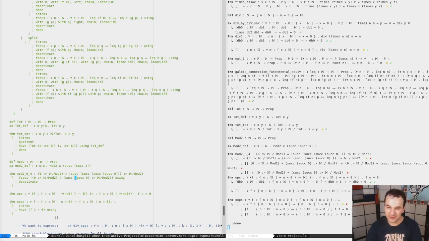And so neither focus nor have is my right tactic, because what I want to do is just introduce an intermediate lemma. I want to prove it. And I actually had 0 of these, with a lot of foresight.